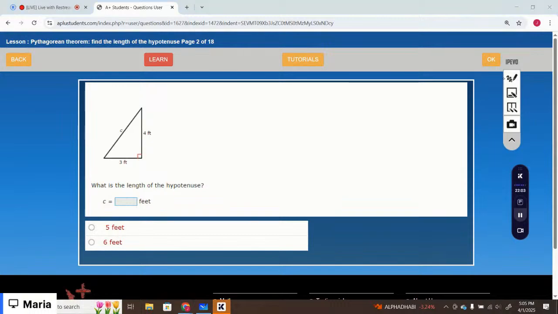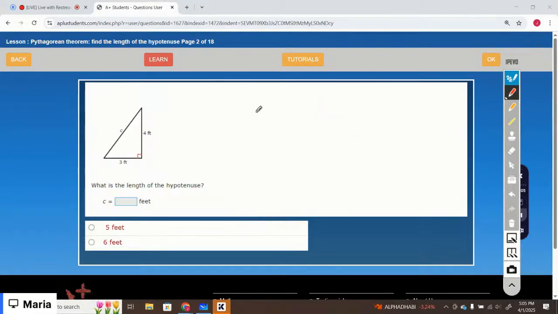So let's just evaluate c. C square equals 4 square plus 3 square. That is 16 plus 9, that is 25. C equals 5.